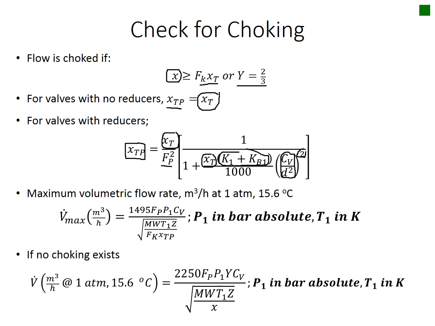If we have choking, then the maximum volumetric flow rate, and notice that now my units are in cubic meters per hour, is given by this equation where it has a coefficient 1495, our value of Fp, the upstream pressure P1, C sub V for the valve, molecular weight of the gas, upstream value T1, compressibility factor Z, and Fk times XTP.